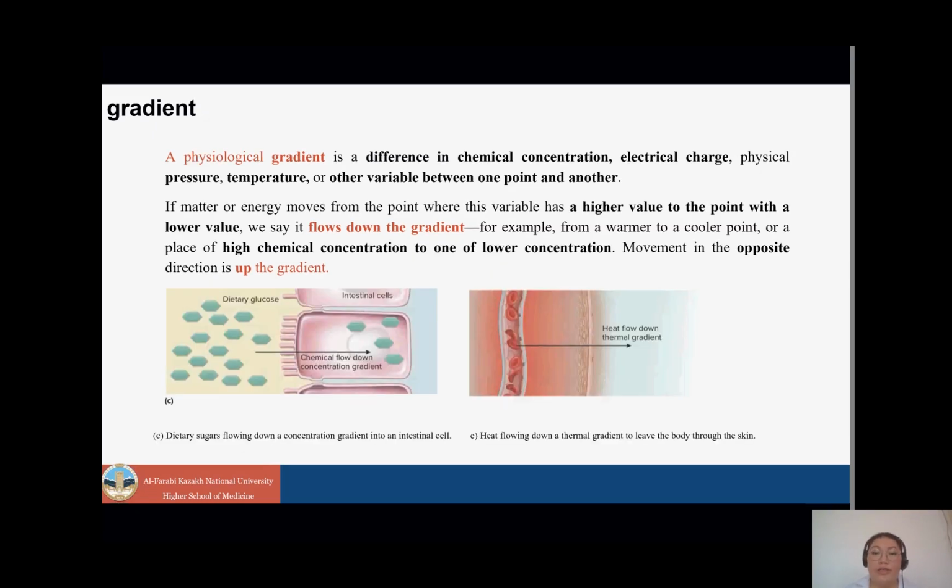The next one, you can see, is even the glucose. But for the glucose, we need some co-transporters, some membrane proteins to provide this movement, but without any energy. It's down the gradient, from high concentration to low concentration.